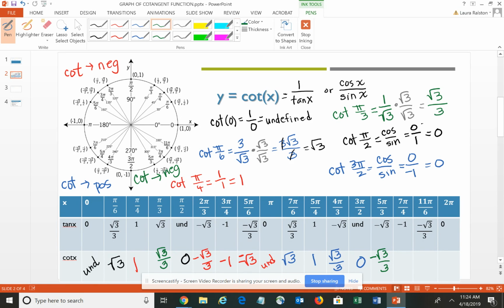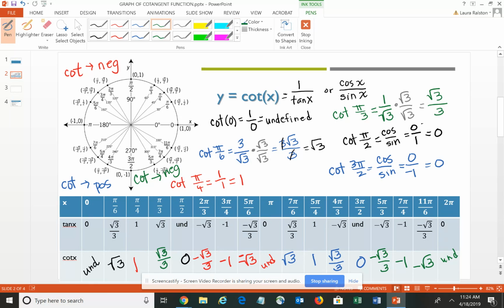The cotangent of 7 pi fourths would be negative 1. The cotangent of 11 pi sixths would be negative square root 3. And then 2 pi is the same as 0, so it's going to be undefined.